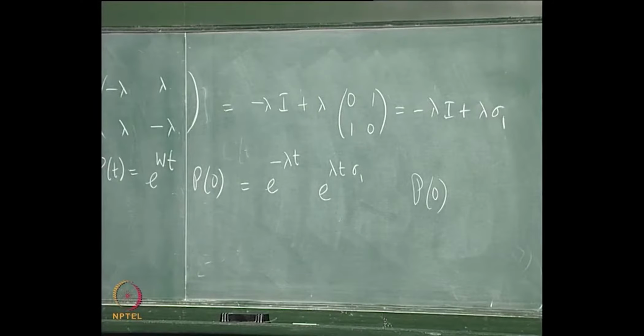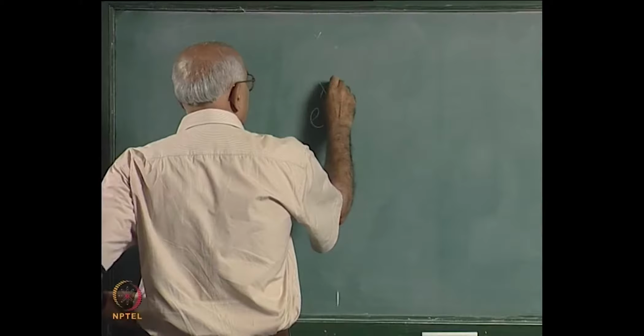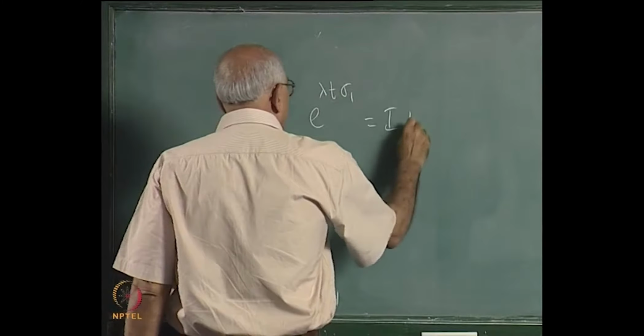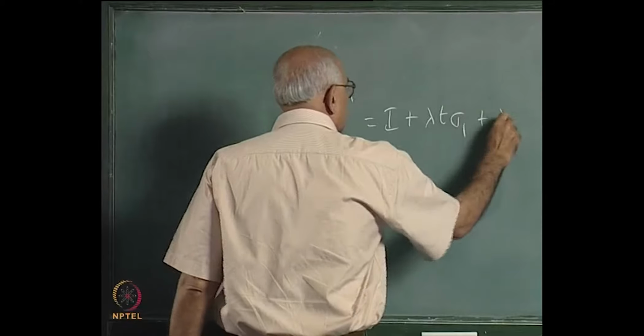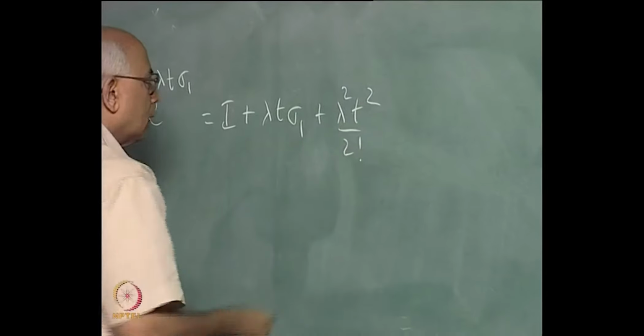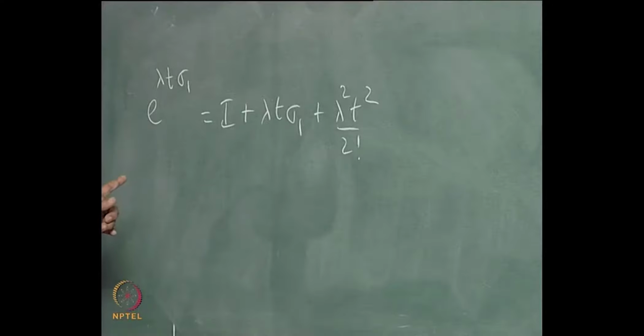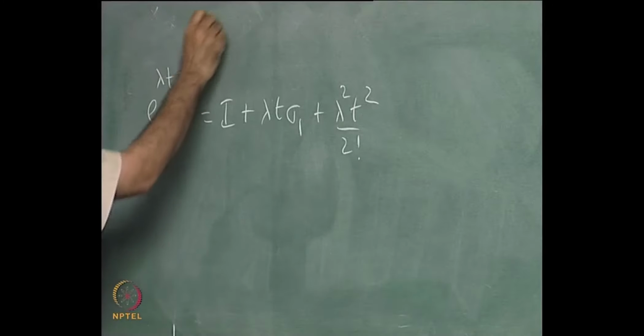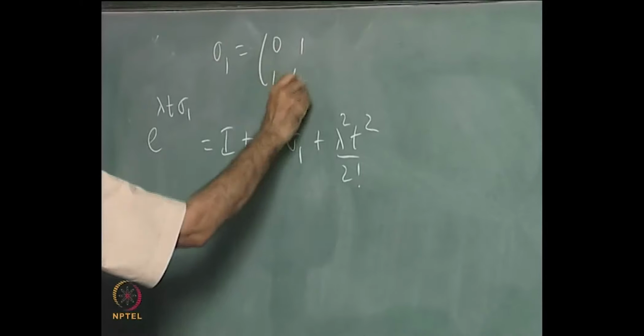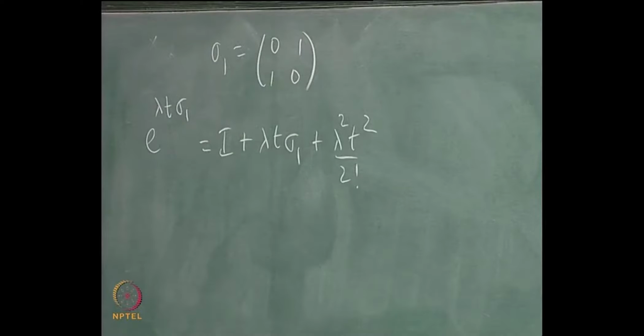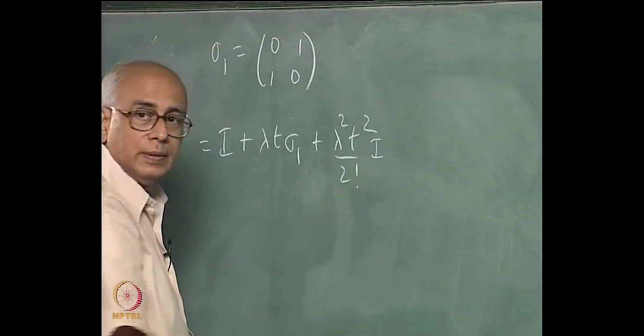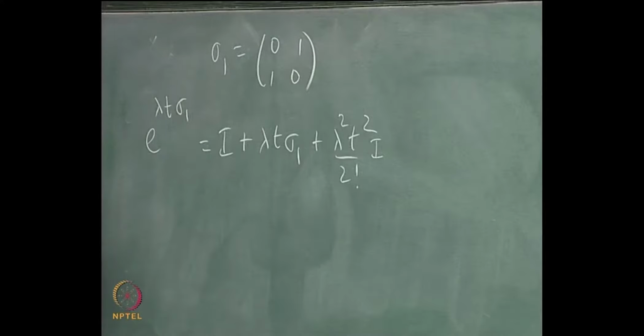And then notice that when I exponentiate this sigma 1, things are very, very simple, because what is sigma 1 squared? It is the unit matrix, right. So this becomes I once again, right, and what happens next?